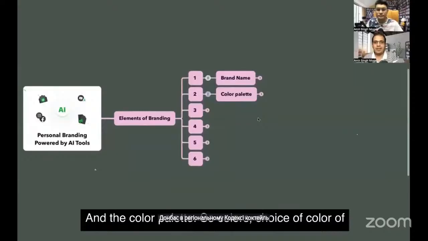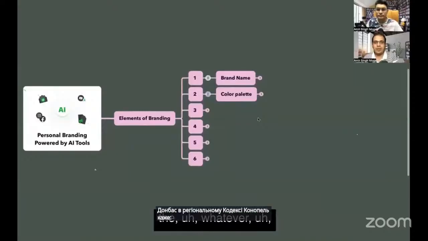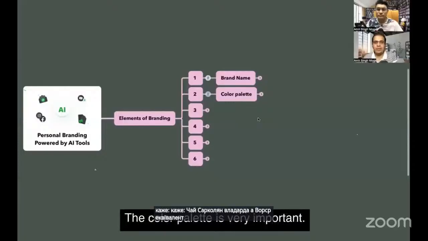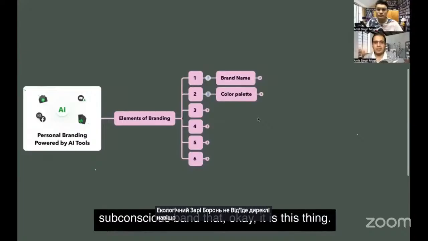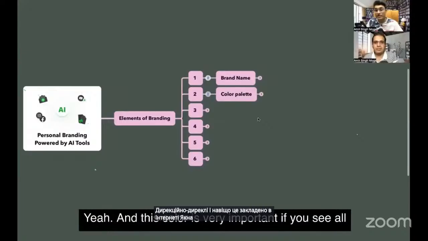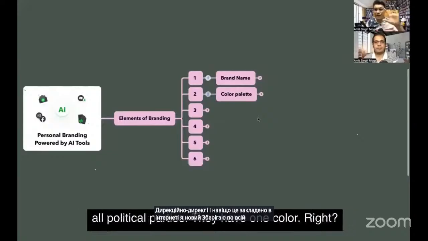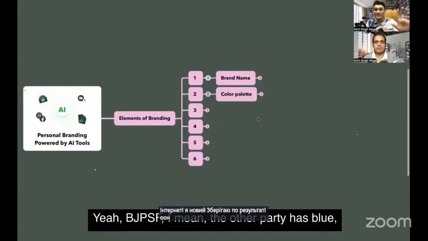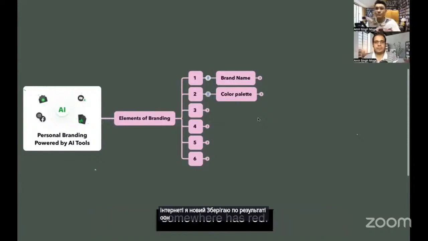And the color palette. The choice of color, or whatever drawings or logos you are making, the color palette is very important because it reaches the subconscious brain directly. If you see all political parties, they have one color, right? BJP has saffron, another party has blue, somewhere has red.